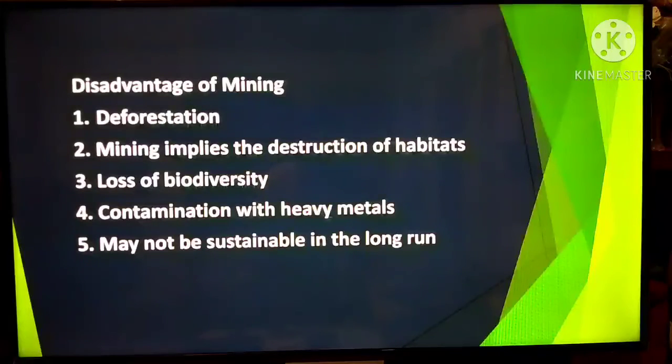Therefore, humanity should switch to renewable resources as soon as possible in order to make mining obsolete and to make our overall lifestyle much more sustainable, and also to help our environment regain the biodiversity of animals and plants, reduce the greenhouse effect, and reduce the pollution in the environment.